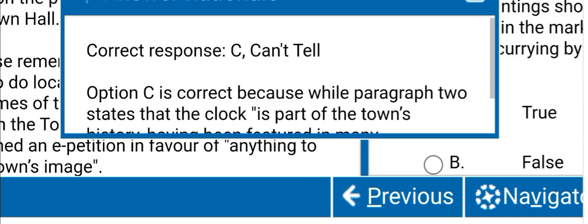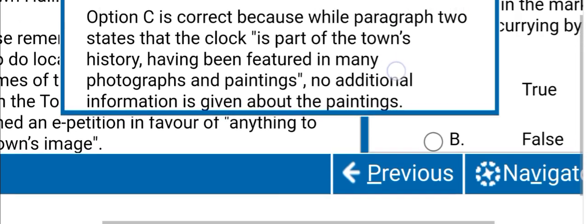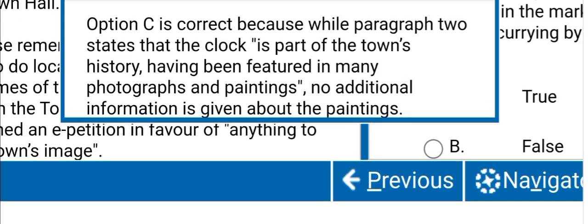Option C is correct because while paragraph 2 states that the clock is part of the town's history, having been featured in many photographs and paintings, no additional information is given about the paintings.